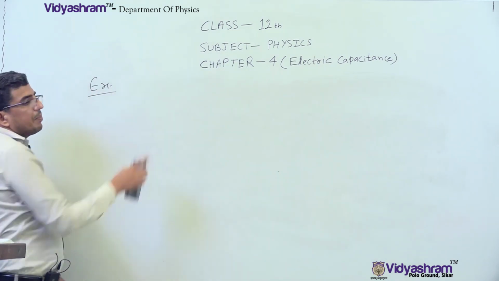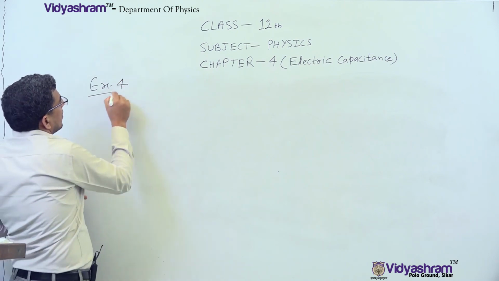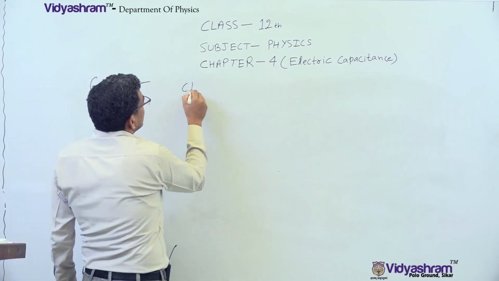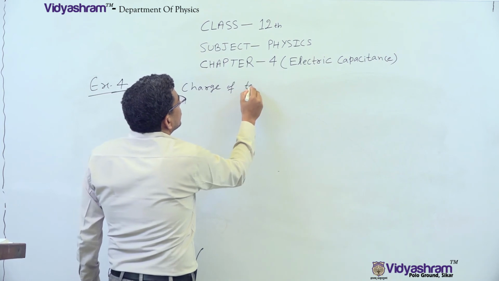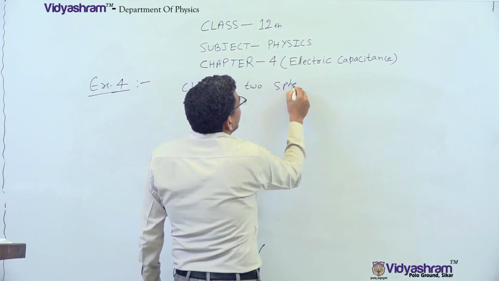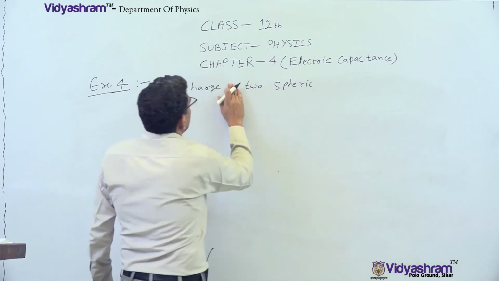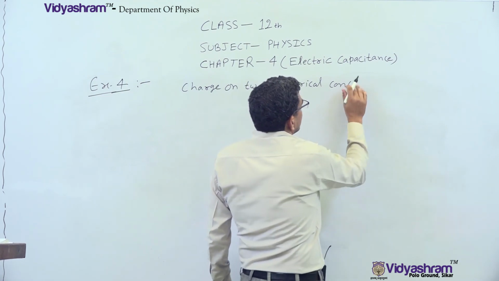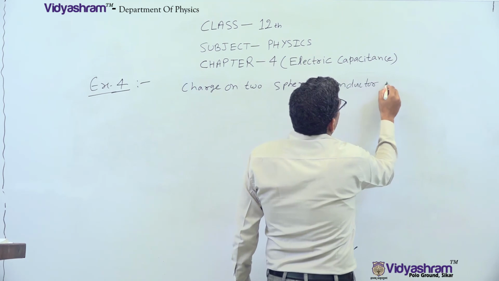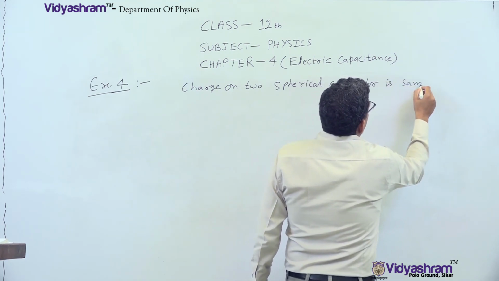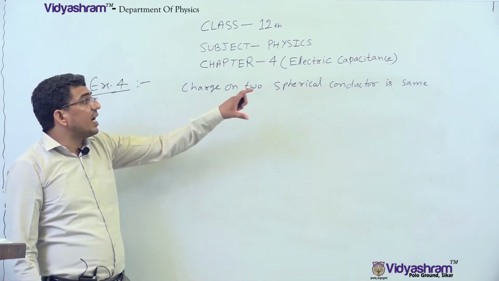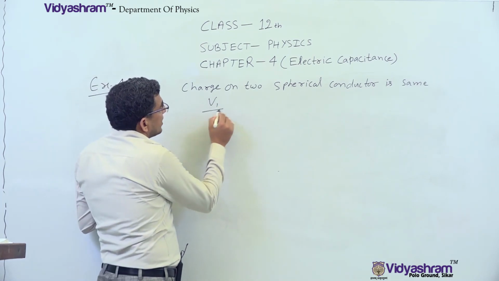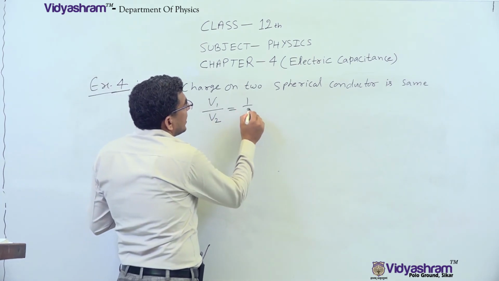Our next example is example 4. Given that the charge on two spherical conductors is the same, but the ratio of their electric potentials is 1/2.